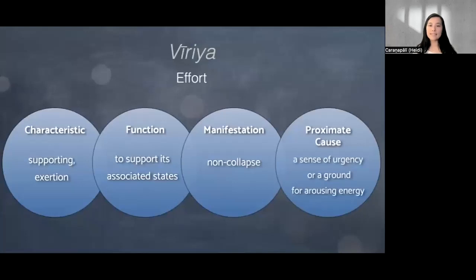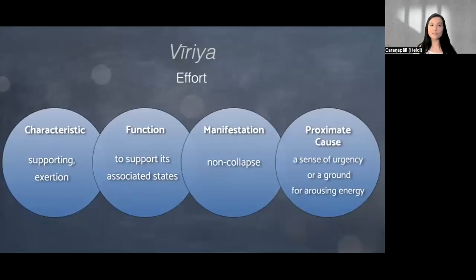Okay, the example given by Sayadaw Silananda in his book, he says sometimes we have what we call grounds for arousing energy, to help us understand what this proximate cause means. For example, we can think that tomorrow I have something to do, so today I will practice meditation, because when I'm doing that something tomorrow, then I won't be able to practice.